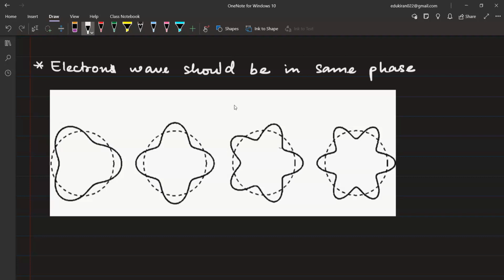If I increase the size of the orbit, the size of wave will also increase. Correct, guys? And that is why the number of orbits is increasing. Now, next point is, if I see this point and this point, then it is 1 lambda. If you have a wave, the top of two waves, the crest, this is 1 lambda. This is wavelength. Similarly, this crest and this crest will be one wavelength.